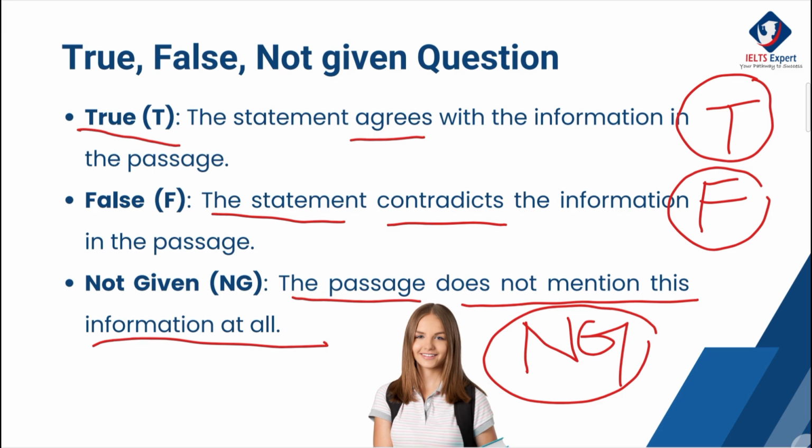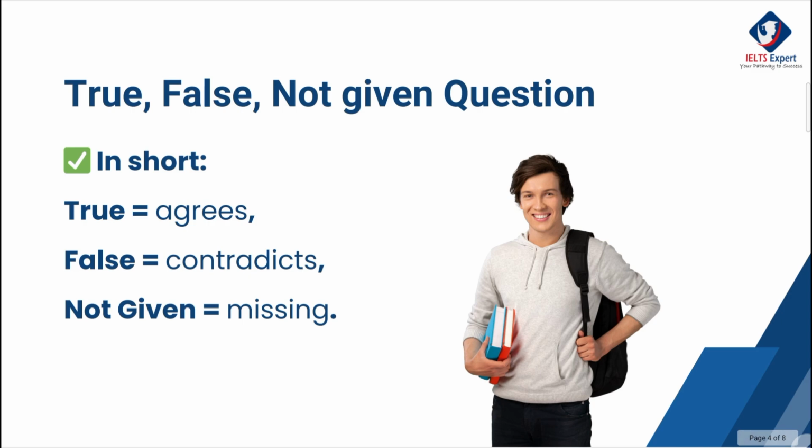Now, in short, when the statement agrees, we'll write true. If the statement contradicts, then you're going to decide false. And if the information is missing in the passage, then you're going to write not given.